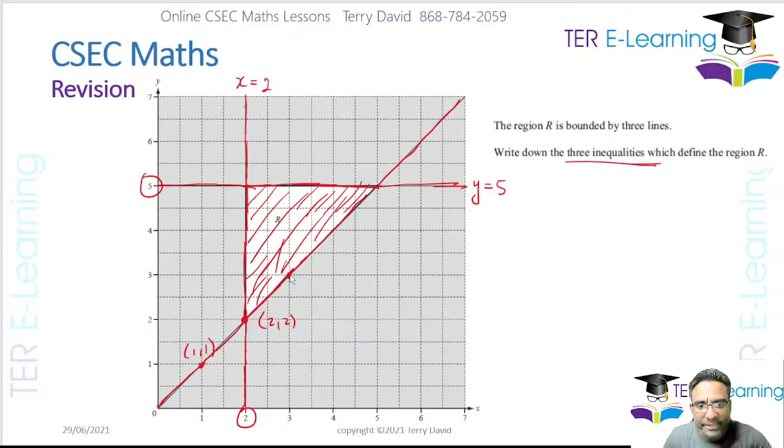This point here is also on the line. It's the point (3, 3), right? Anytime your x value and the y value are the same, the equation of that particular line is y is equal to x, right? So there are no calculations to be done or anything like that, right?